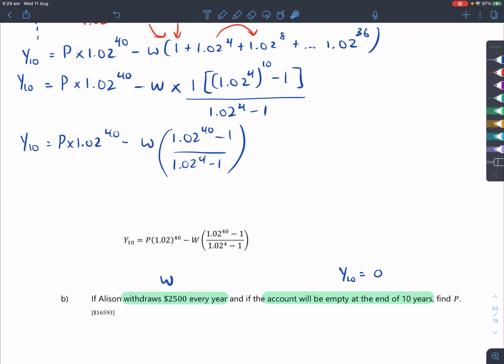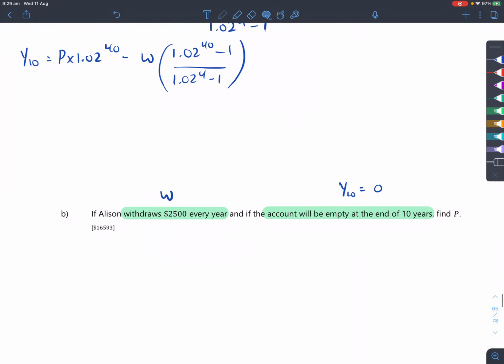And this person's withdrawing $2,500 out. So let's just replace that by 2,500. So 0 would equal to P lots of 1.02 to the power 40 minus 2,500 times of this number.